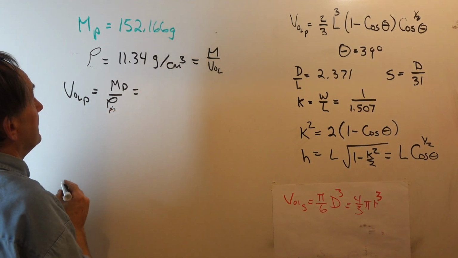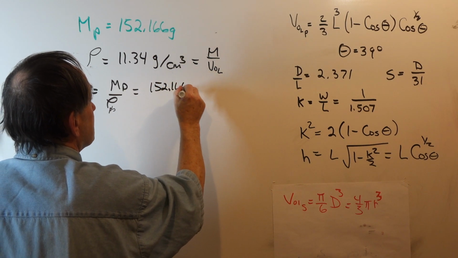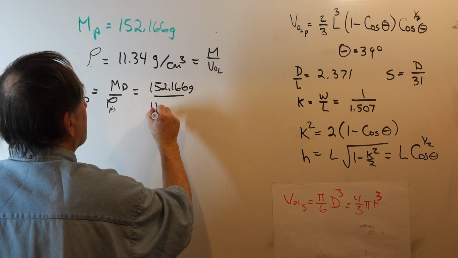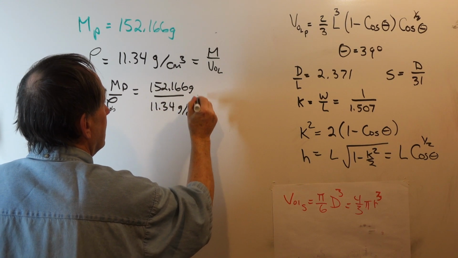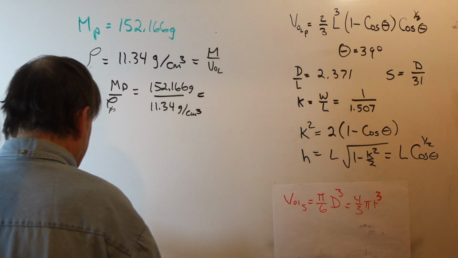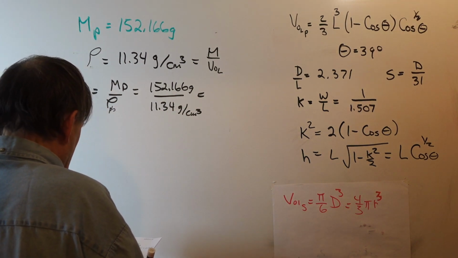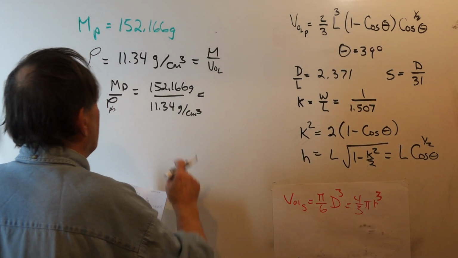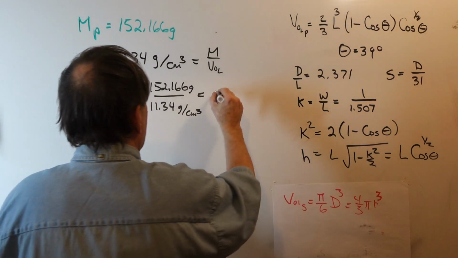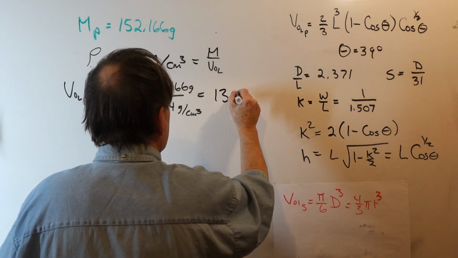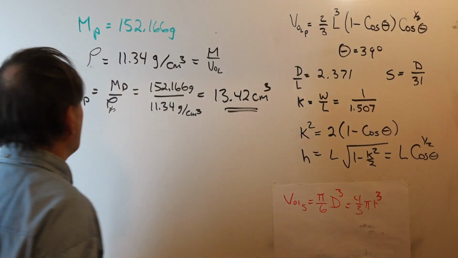We have 152.166 grams divided by 11.34 grams per cubic centimeter. 152 divided by 11.34 comes to 13.42 centimeters cubed. So that's the volume of our pyramid.